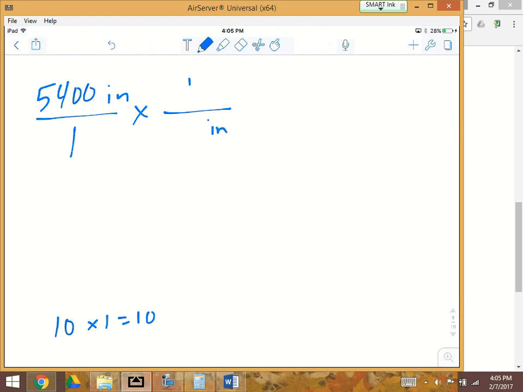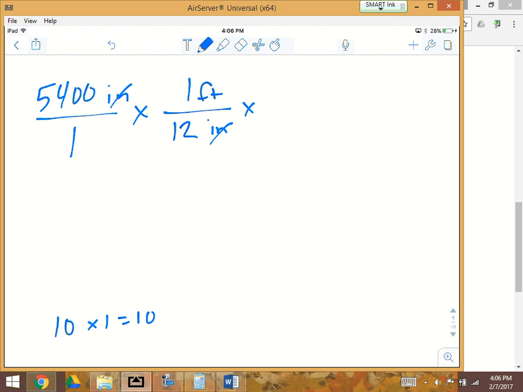Okay, well, we have 1 foot is 12 inches. So this is going to help us to convert into feet, because now the inches, think about when we simplify before we multiply, right? We look diagonally. So we can actually cancel our inches. Now the only unit we have is feet. But again, remember, we want miles.